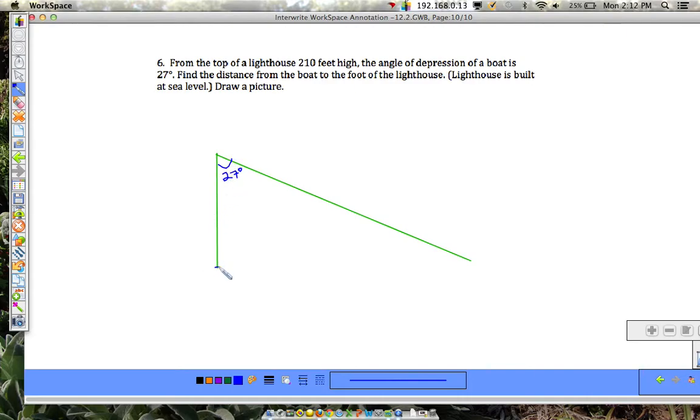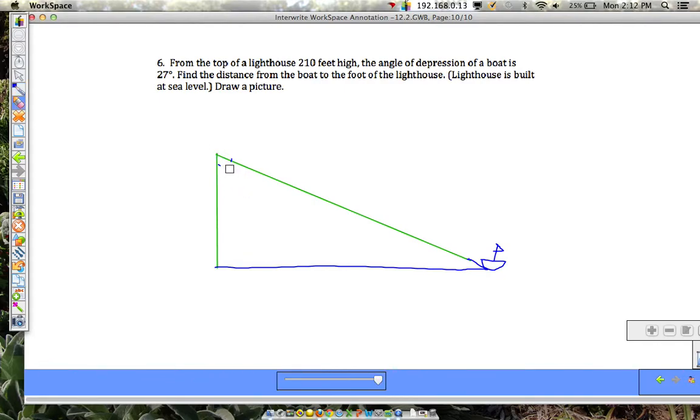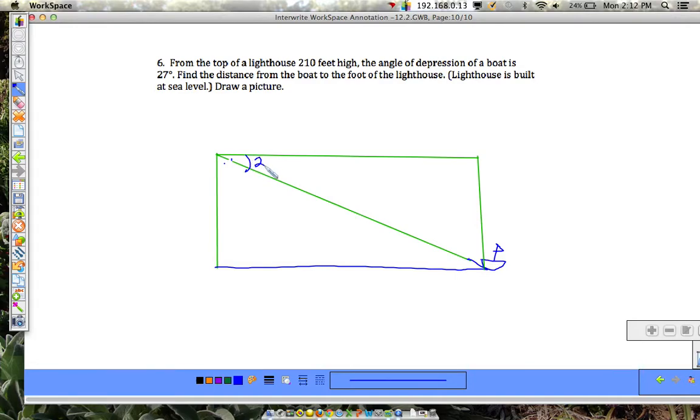And then I want to know the distance to that boat. Now I'm getting myself confused, I'm sorry. We're going to have to draw 2 triangles. So here's 27 degrees. And these are parallel lines, so this will be 27 degrees.